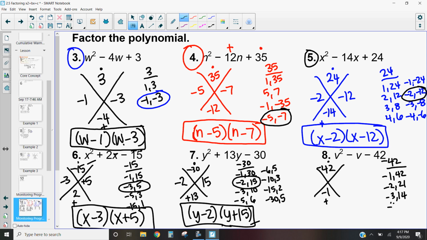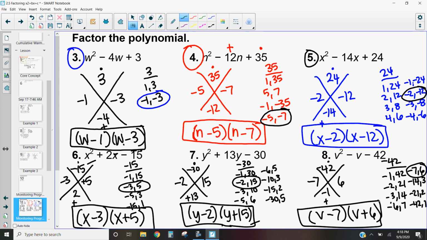We have a negative 6 and a 7. We have a negative 7 and a 6, a negative 14 and 3, a negative 21 and 2, and a negative 42 and 1. So the ones that add to negative 1 are going to be this negative 7 and 6. And so then our solution is not x, but v minus 7 times v plus 6.